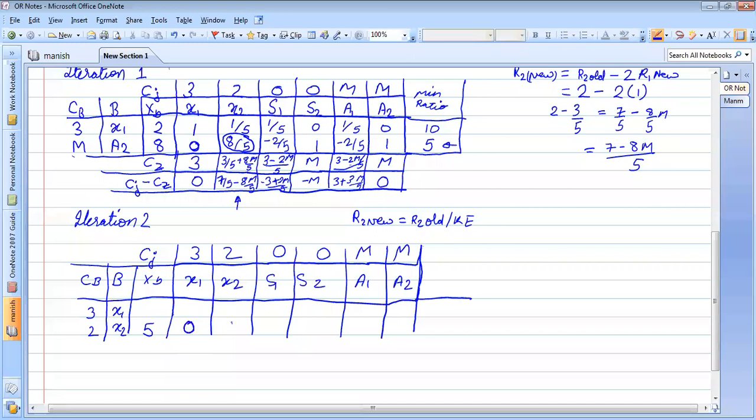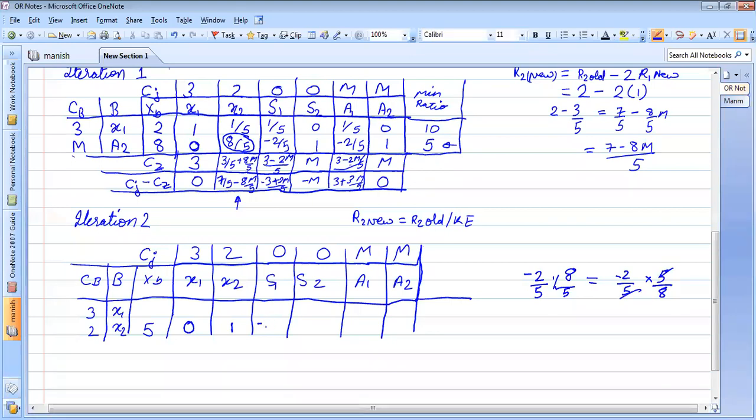This will be 1. 8 by 5 divided by 8 by 5. Sorry, minus 2 by 5 divided by 8 by 5. So this will be minus 2 by 5 into 5 by 8. So 5 gets cancelled. You get minus 2 by 8.